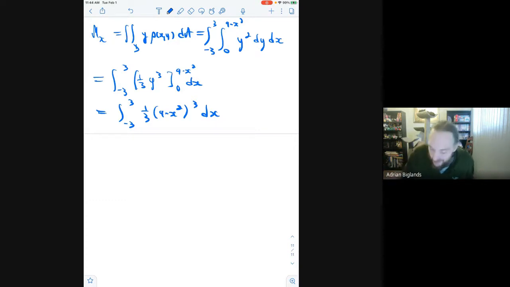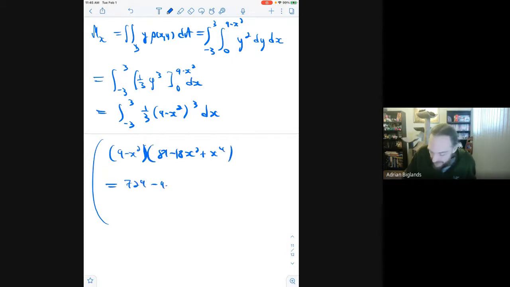We just did the squared one, so we have 9 minus x squared times 81 minus 18x squared plus x to the 4, which is going to equal 729 minus 9 times 18x.